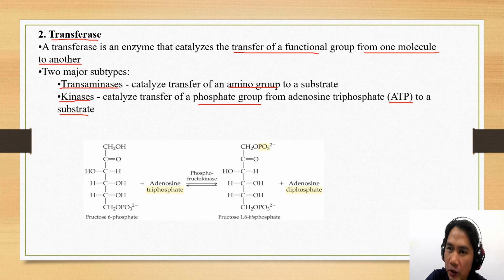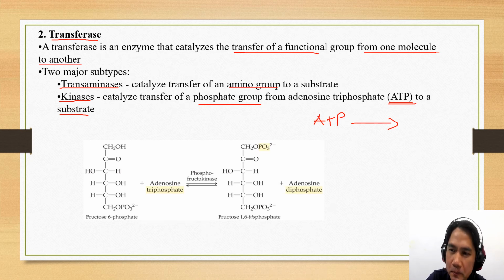The source of phosphate is ATP. Remember there are three phosphate groups in ATP. One of the phosphates is transferred to a substrate.